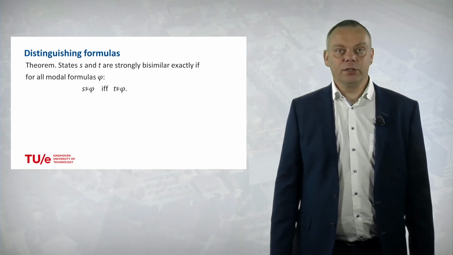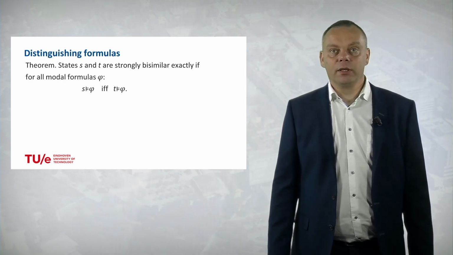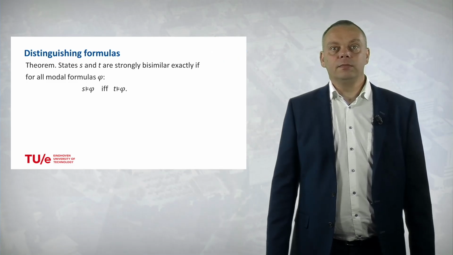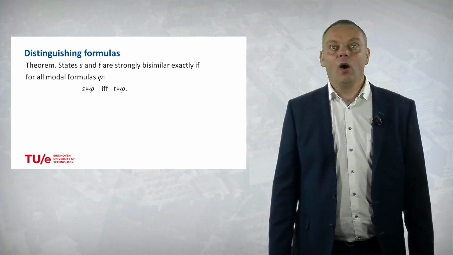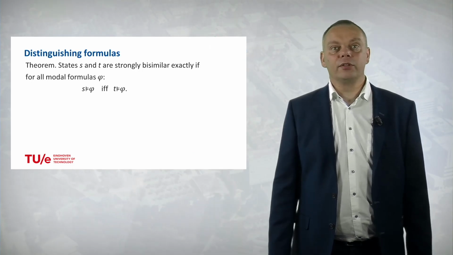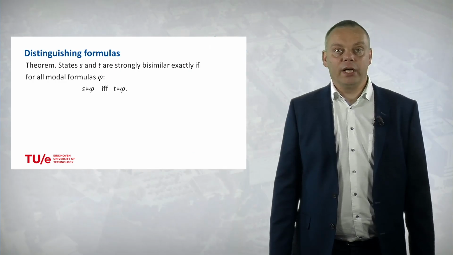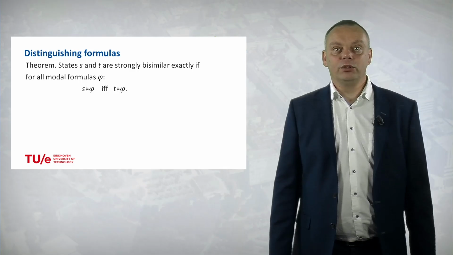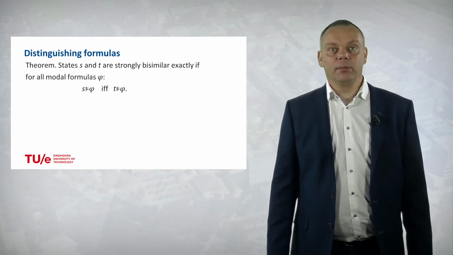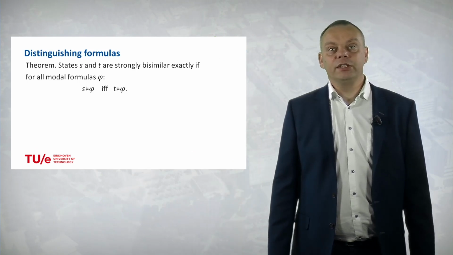Especially they were after this theorem saying that if two states S and T are strongly bisimilar, then all formulas are either valid for S and valid for T, or not valid for S and not valid for T. And the reverse also holds. If you have two states for which exactly the same modal formulas hold, then the two states S and T should be strongly bisimilar. So there are two usages of this theorem.